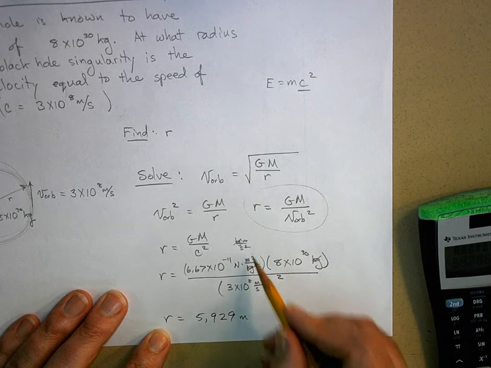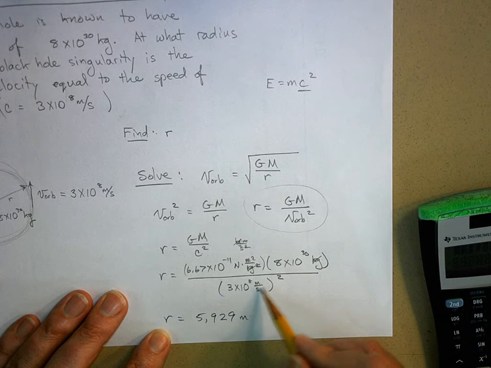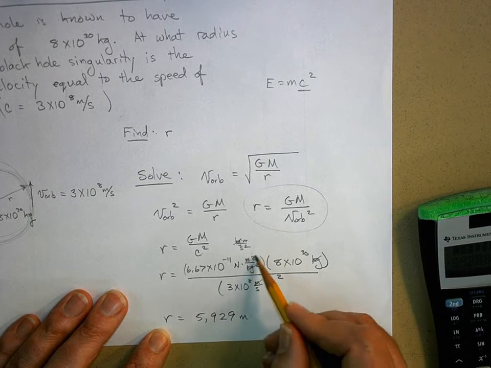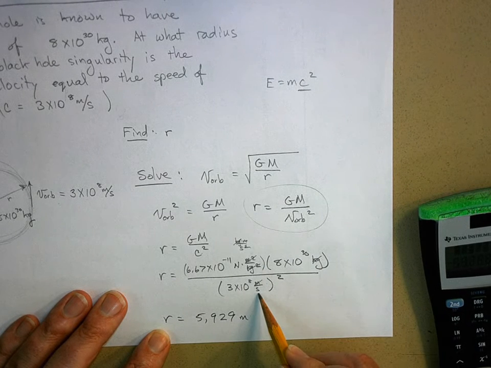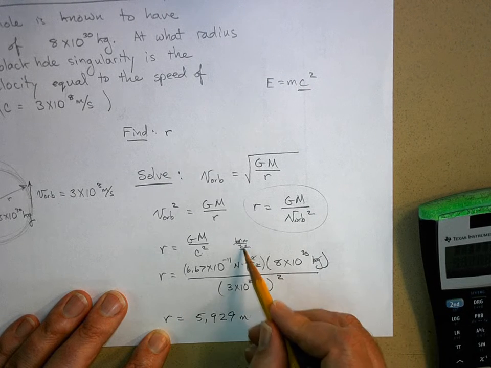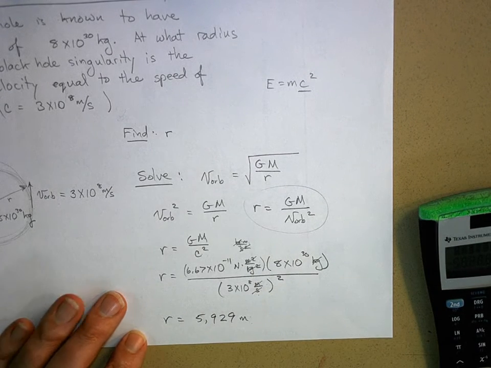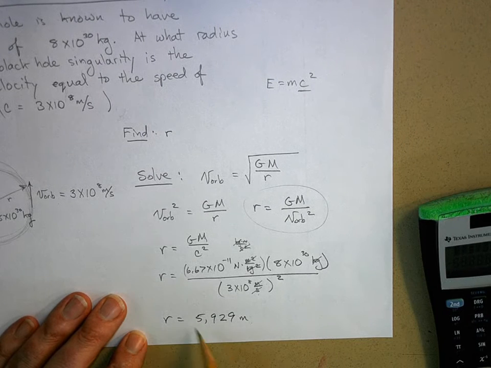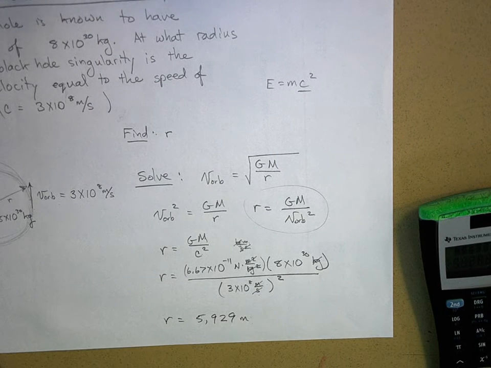And I've got a meter times a meter squared, which is a meter cubed, but that gets divided by a meter squared. So that just leaves a meter. Then I've got a per second squared on the bottom, and I got a per second squared from the Newton. So the only thing left is that meter. So, woohoo. This is about 6,000 meters.